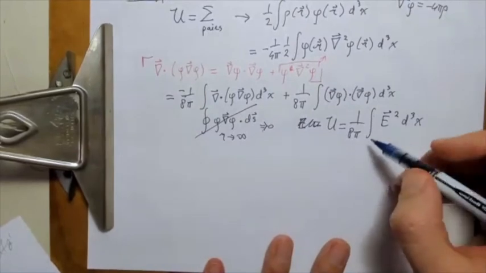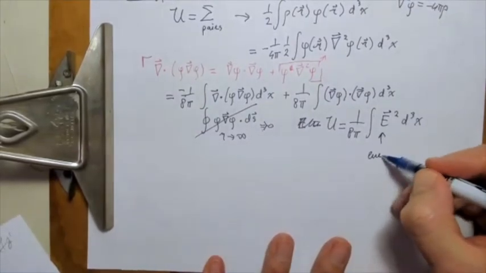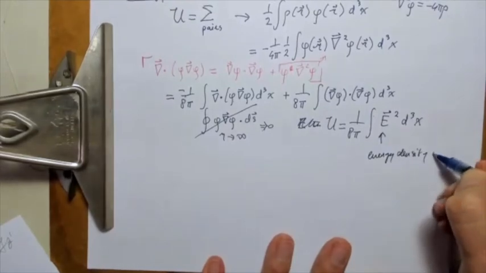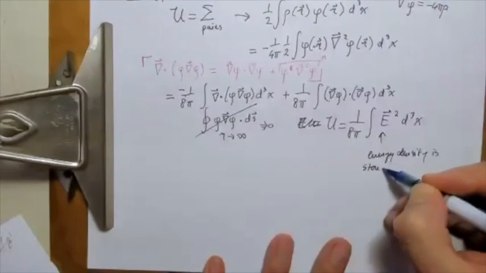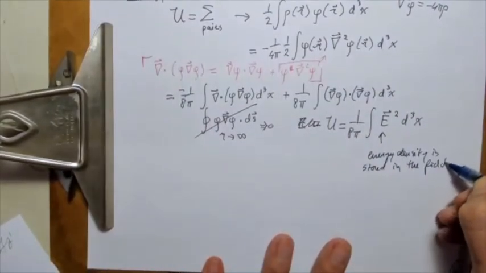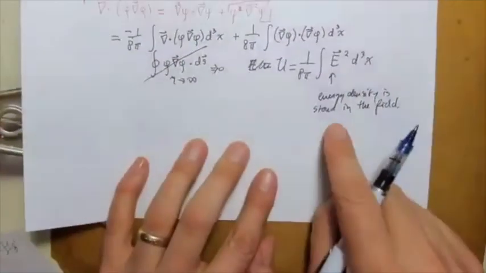What does that mean? Well, that means that the energy is stored in the field. So energy density is stored in the field. There are many situations where you hopefully have seen this already.